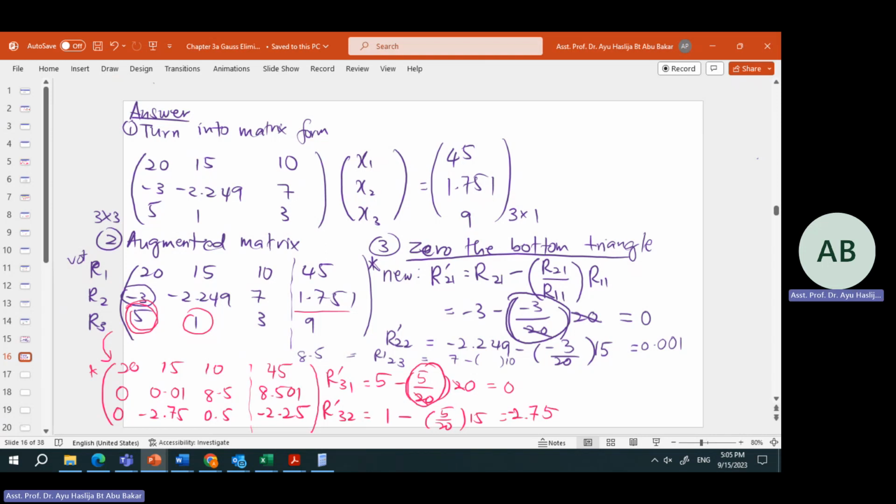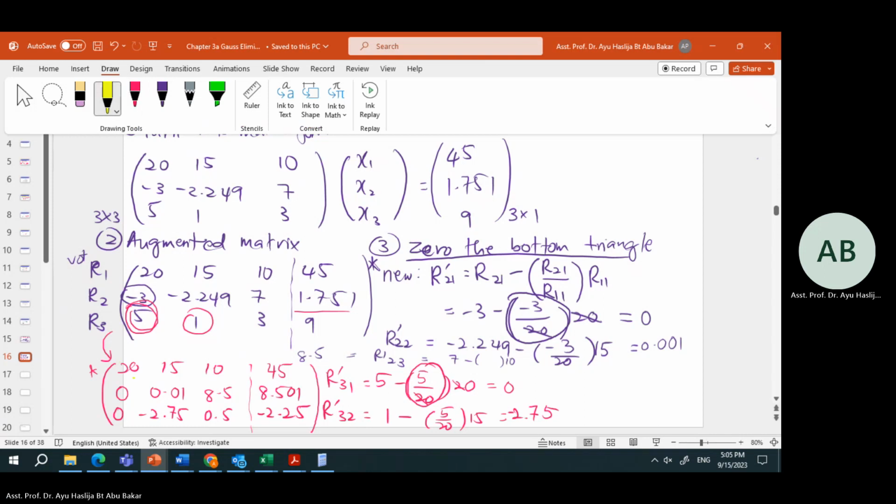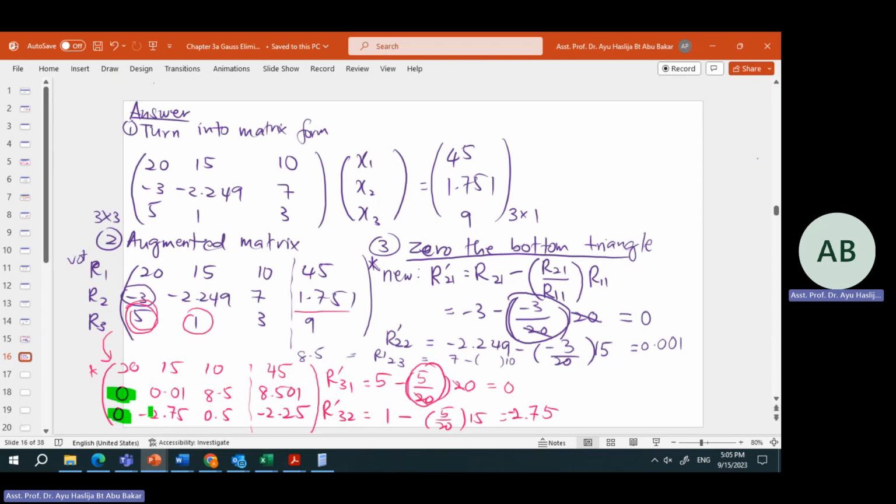Okay, this is not finished yet. We have zeroed this part and this part. Now we need to zero this part, x2.